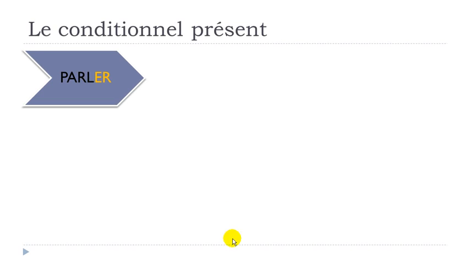So let's take the first example that we've got here. Parler belongs to the first group of verbs. Remember, we've got 3 in French. And the first group of verbs ends with er, like here. Okay, so these verbs are regular. So that's good news, and normally that's the reason why we start with them. So you don't have to change your verb. So parler is like that.